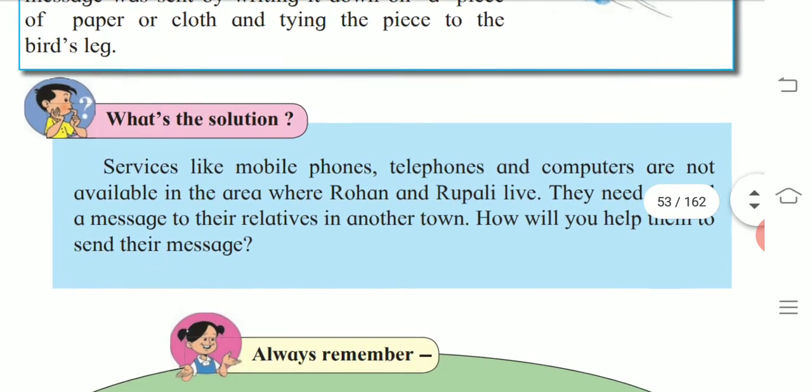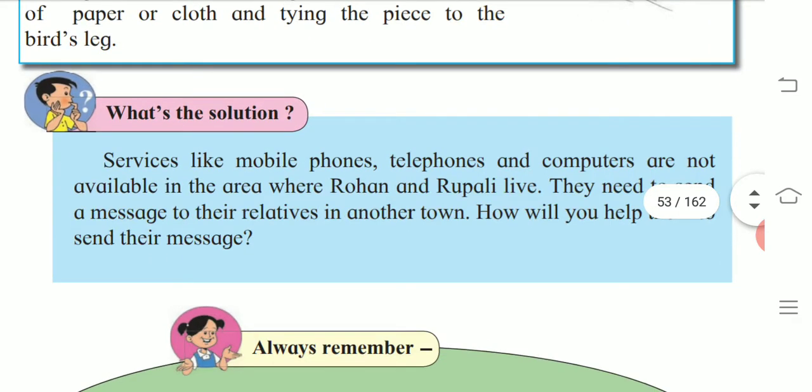What's the solution? Let's see. Services like mobile phones, telephones, and computers are not available in the area where Rohan and Rupali live. They need to send a message to their relative in another town. How will you help them to send their message?